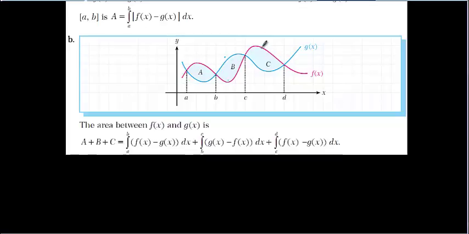Here f(x) is above and g(x) is below, so again f(x) minus g(x). So from a to b, f(x) minus g(x); from b to c, g(x) minus f(x); and from c to d, f(x) minus g(x) again.